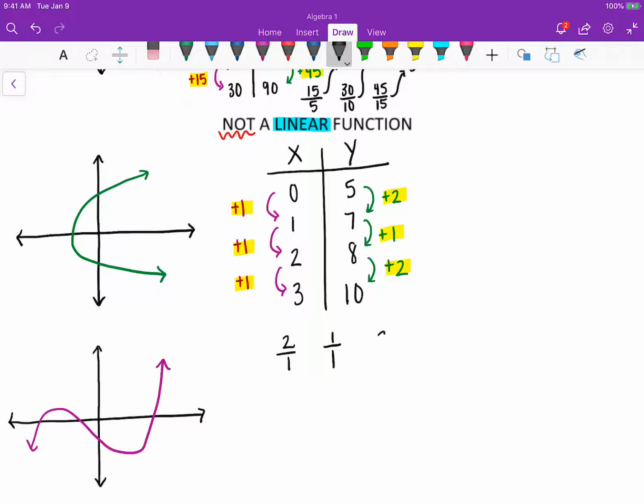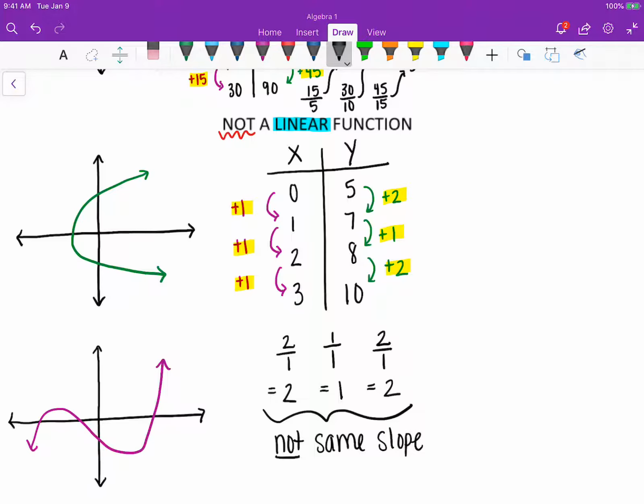So I would write 2 over 1. If I actually do this division, 2 over 1 is 2. 1 over 1 is 1, and 2 divided by 1 is 2. So these are not the same slope. If they don't have the same slope, it's not linear.